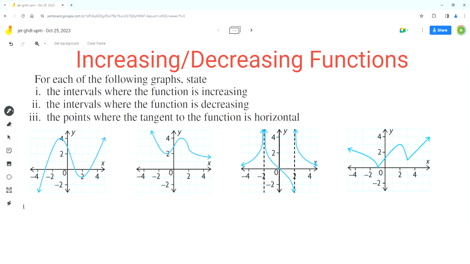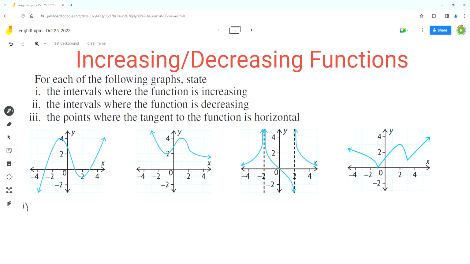So we'll answer the first question. The intervals where the function is increasing. Now a function is increasing in an interval if the slope of the tangent to the curve or the graph in that interval is positive.